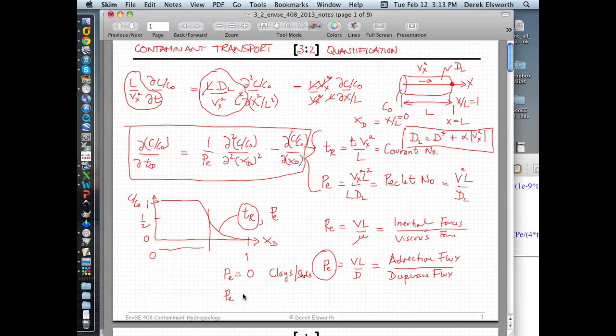And Peclet number greater than 1 is going to be in sands and gravels, kind of. And that's where dispersion or mechanical mixing is going to be important. But the key issue here is that we can define the behavior in terms of these two variables.